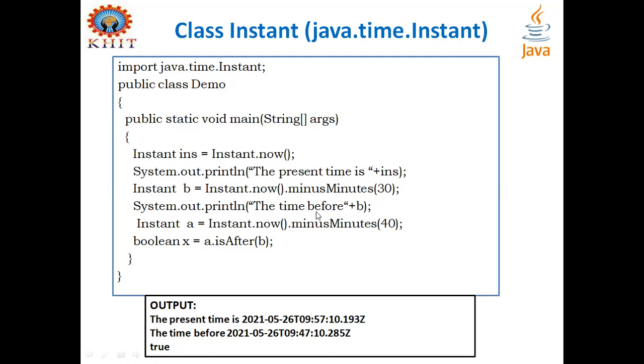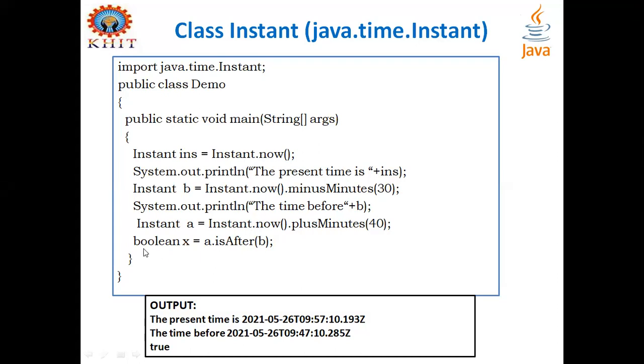System.out.println, the time before is B. So it subtracts the time by 30 minutes. And Instant A is Instant.now with plus, so it adds minutes to the current instant time.